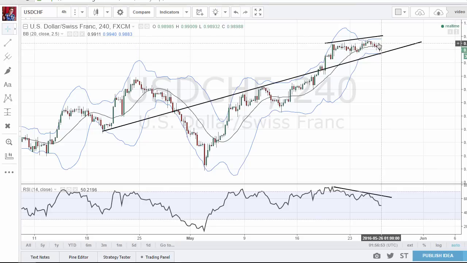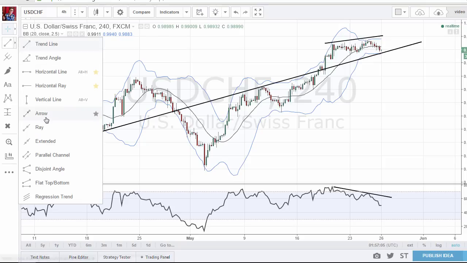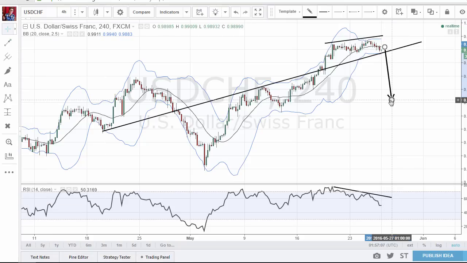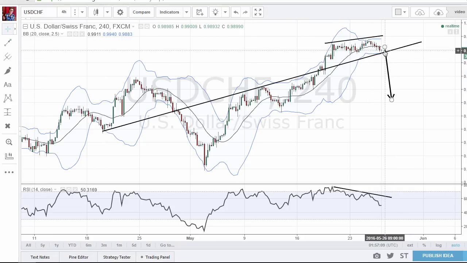But when we connect the dots, you have this divergence, then you have this recent accelerating downside momentum with the large candle. Then it makes the successful breakout much more likely, and a potential reversal is a very likely scenario in this case.